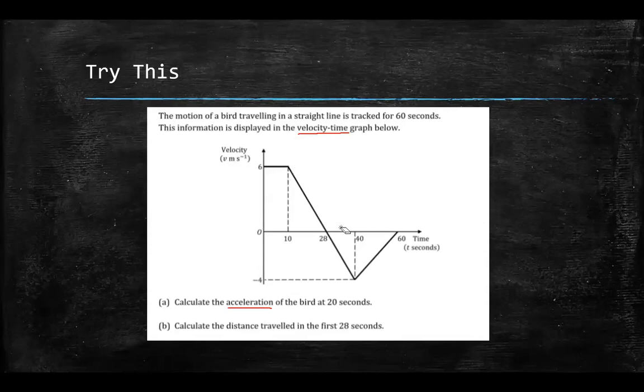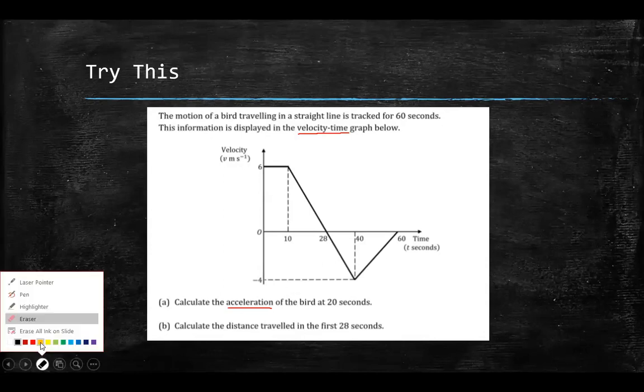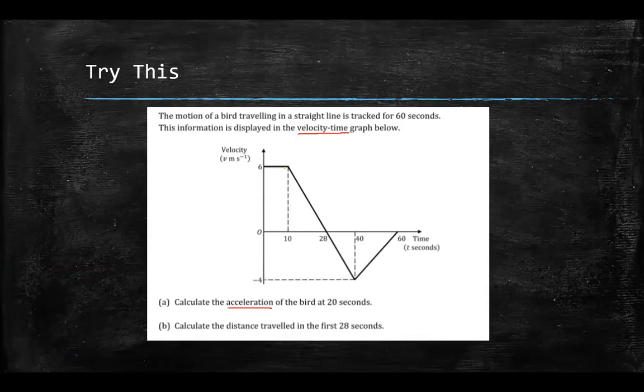Once I have 2 points on the line, the gradient would be the same for this entire line. They actually gave me 3 points on this line. So you choose any 2 points, and you would get the gradient.